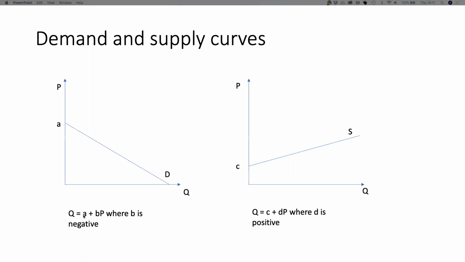The idea here is that as the quantity demanded increases, the willingness to pay reduces. So if, let's say, you're buying apples, for the first kilo, you might be willing to pay a lot of money, but for the second and every additional kilo of apples you might want to buy, you are likely to value it less and less, right? So that's the basic behavioral intuition behind the demand curve.